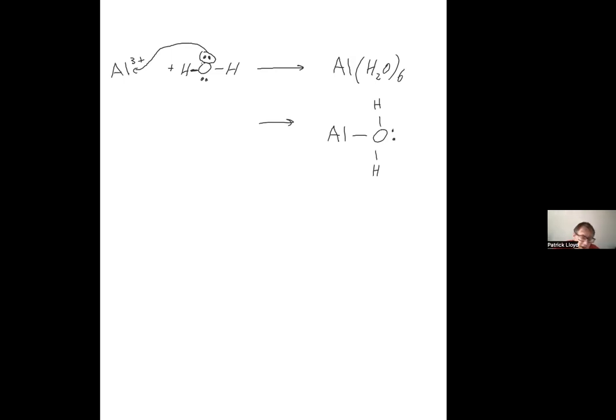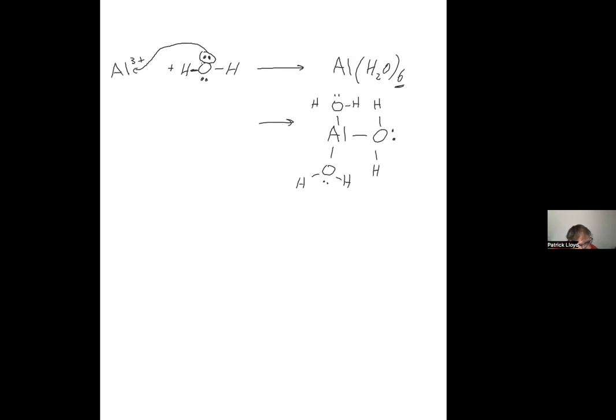Okay, so that's one of the waters. But interestingly enough, there's 6 of them. So really what happens is each of these water molecules forms a bond to the aluminum. It's 3-dimensional. I'm not going to be able to draw all 6 of them in here, but you get the idea.